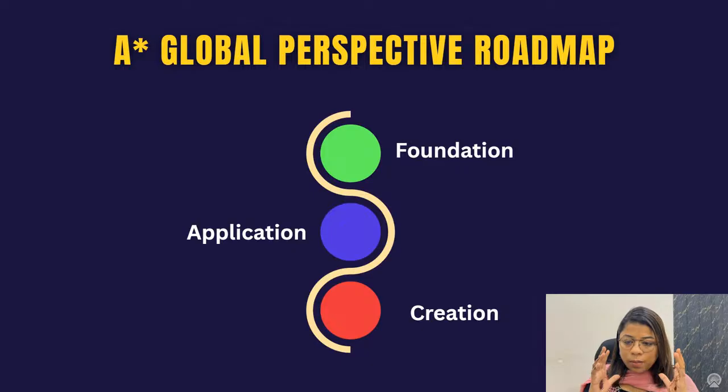My mission is to help you in a structured way to get an A star. While designing this structure for my learners, I broke it down into 3 important levels. The first level is the foundation level, the second is the application level, and the third is the creation level.